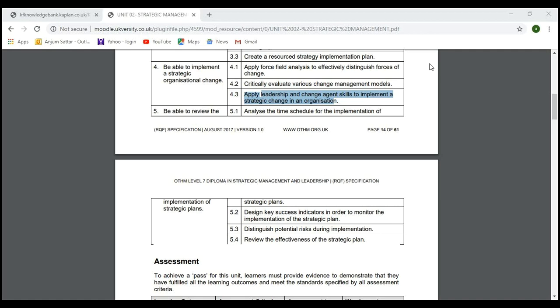So we need to think about how we change our practices, procedures, and filing systems, whatever we are doing in our profession. Good leaders always carry on reflecting and changing, and it's a continuous process. If you change too quickly and want everything new, it can be a disaster. So we always need to think about change in a positive way.